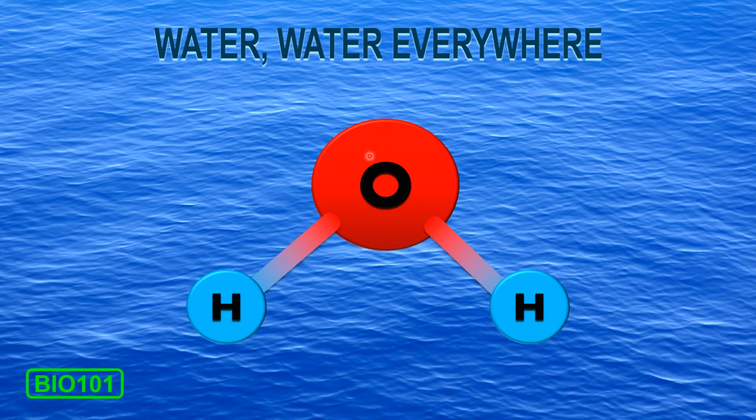You have this big oxygen atom, and you may recall that an oxygen ion has a net negative charge, or I should say the electronegativity of oxygen, its affinity for electrons, is strong versus the electronegativity of hydrogens.